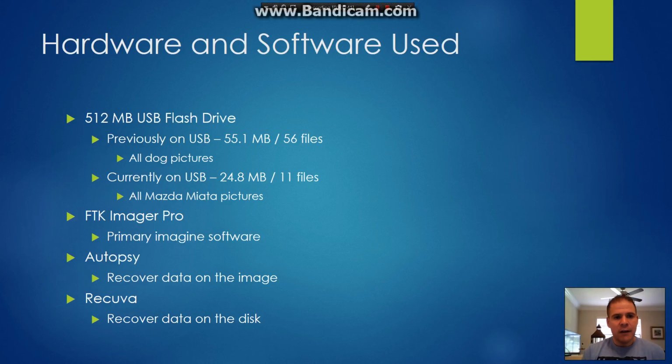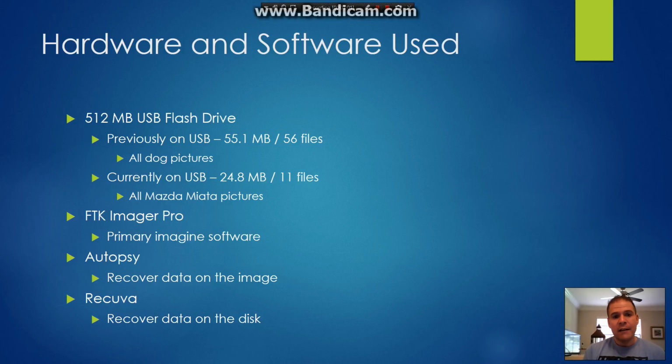So for this scenario, I'll paint you the picture. Previously on this flash drive, we had 56 files. They were all dog puppies pictures, and they occupied 55.1 megabytes on the drive.